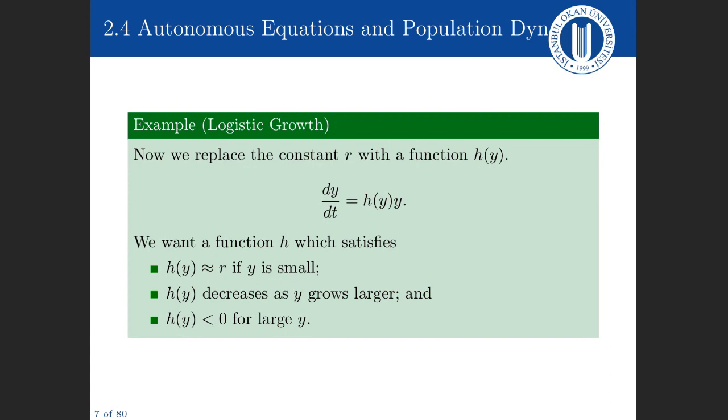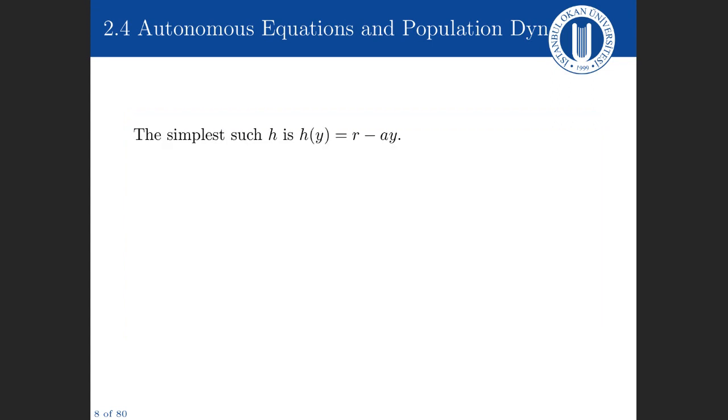The problem in the previous model was when y was very large. So in this model, when y gets larger, I want h of y to decrease. And in fact, if y is very, very large, I want h of y to be negative. The simplest function h which satisfies these properties is r minus ay for some number a. We have a function like this.